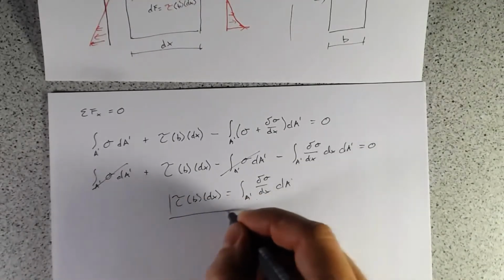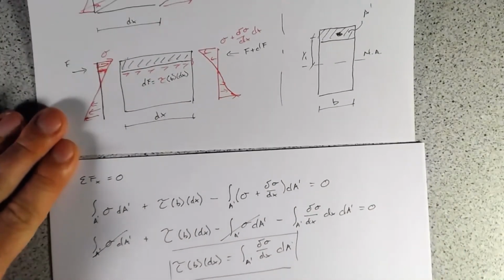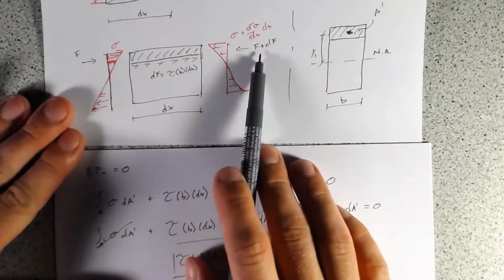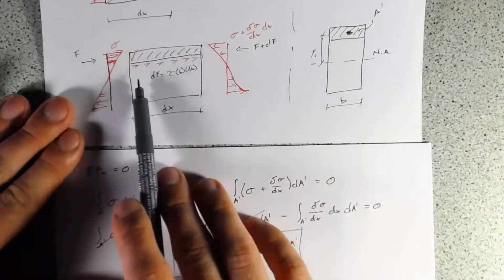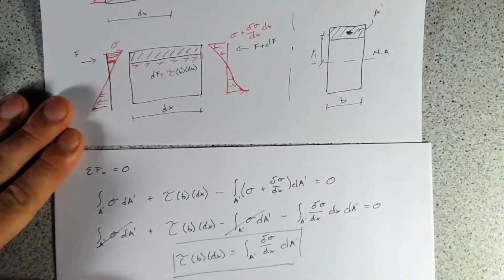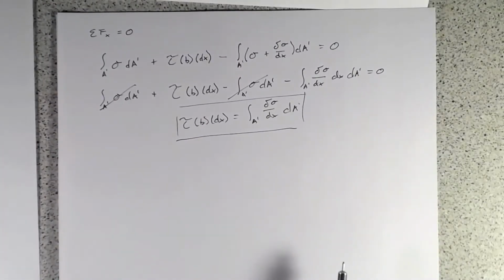All right, so that's an interesting little equation, and it kind of just shows what we had up here. If this is F plus dF, well, the two forces cancel each other out, and so whatever little change in force has to come from that shear. And that's just all this equation falls out.